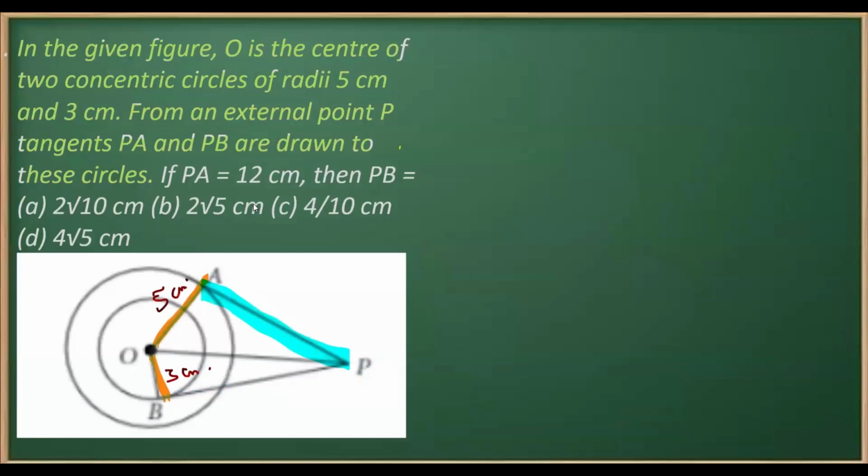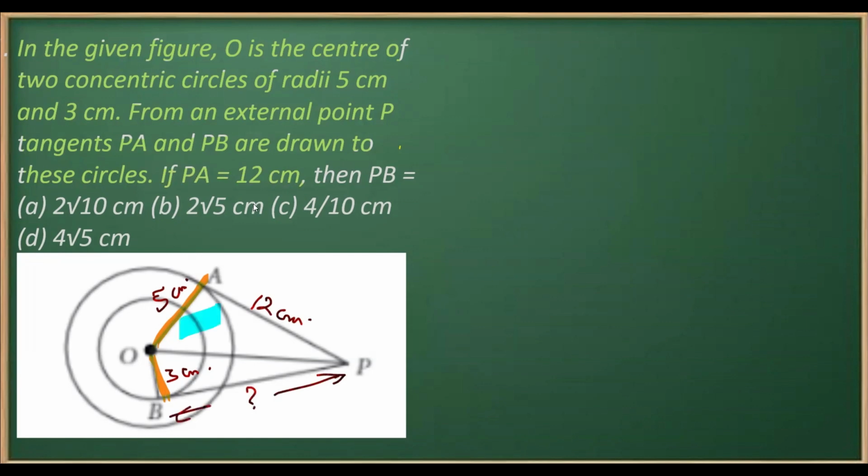We cannot say PA is equal to PB, as you can figure out from the diagram that they are tangents to two different circles. Further, it's given that the length of PA is 12 centimeters. And what we have to get is the length of PB. This is the length we have to determine.